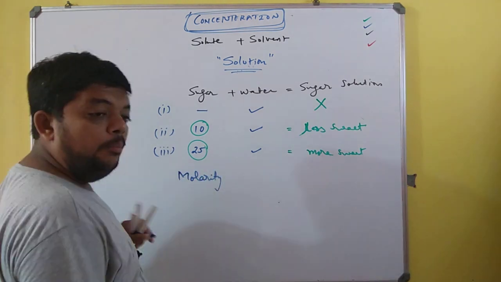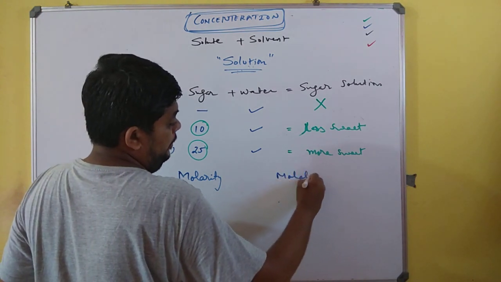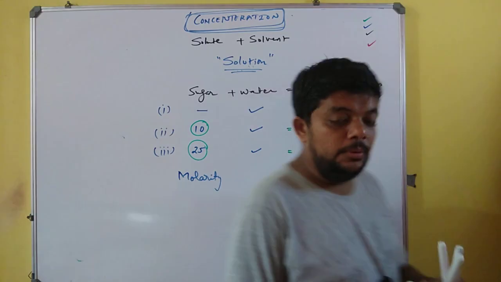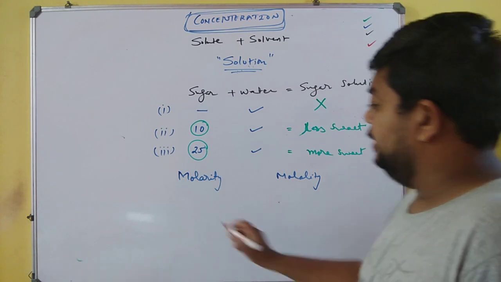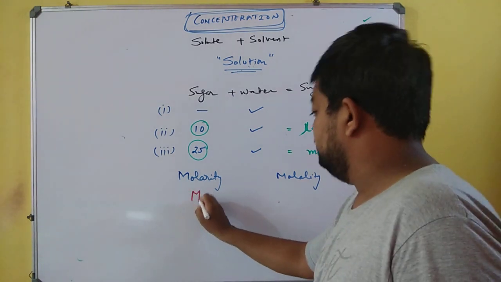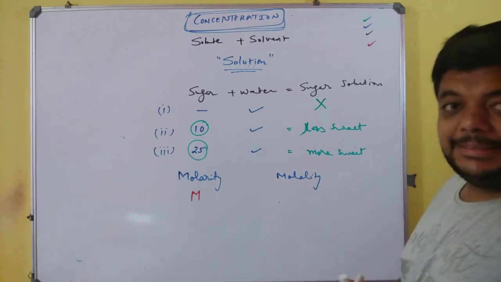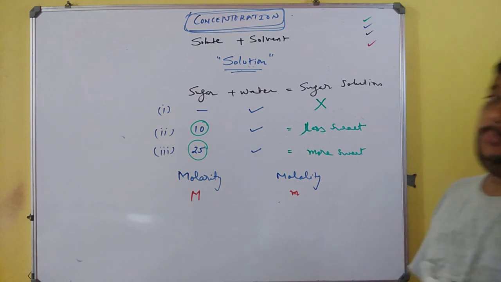Whenever concentration is discussed, generally two different terms are popularly used. They are molarity and molality. Whenever the term molarity is discussed, it is generally referred to as capital M, and whenever molality is discussed, it is generally referred to as small m.